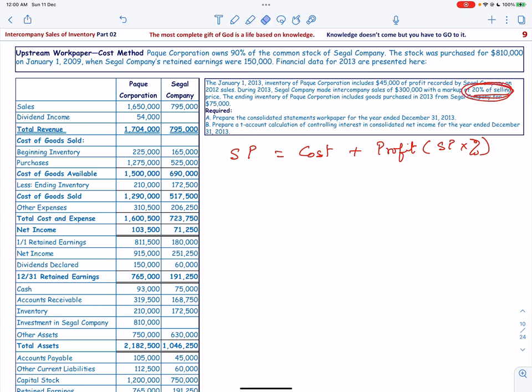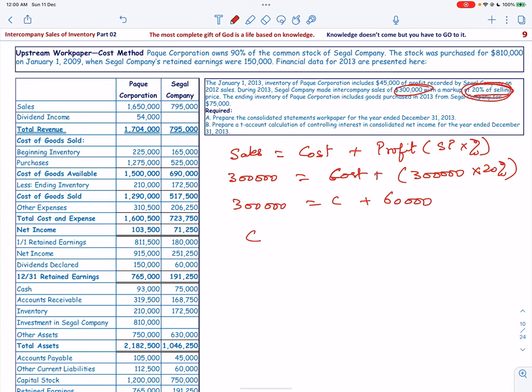Let me put this as sales here. So sales is 300,000, which is equal to cost, we do not know the cost, plus profit, that is 20% of 300,000. So 300,000 is equal to cost plus 60,000. So cost is equal to 300,000 minus 60,000, that is equal to 240,000.